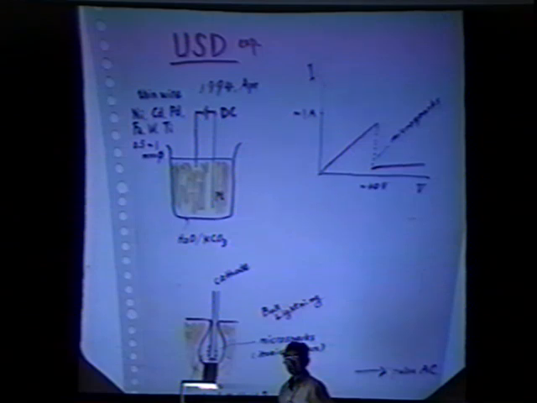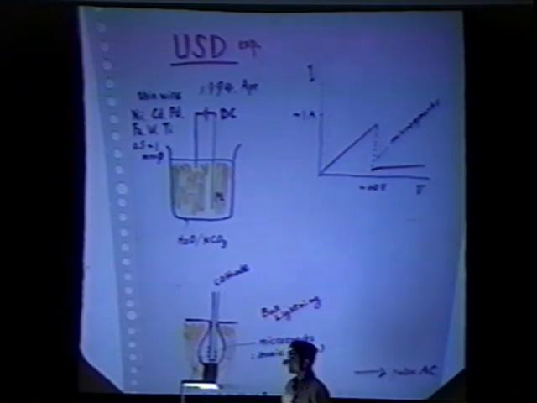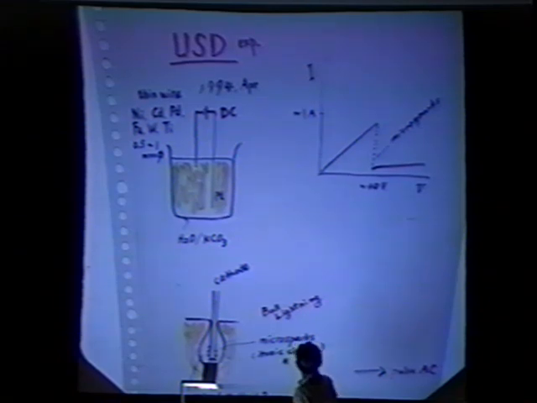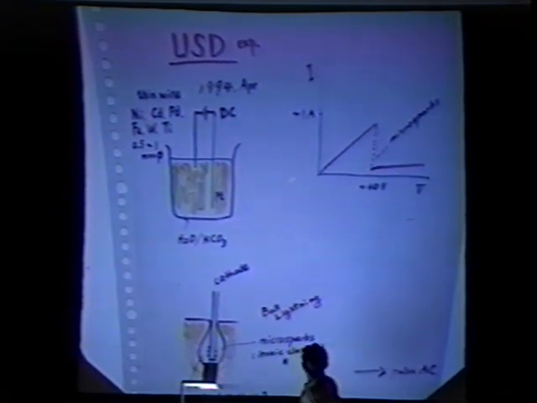In April 1994, I first observed a very curious spot on the surface of the electrode. And this is the current-voltage curve. As the voltage increases, in the low voltage region we have gas evolution and a linear relationship.